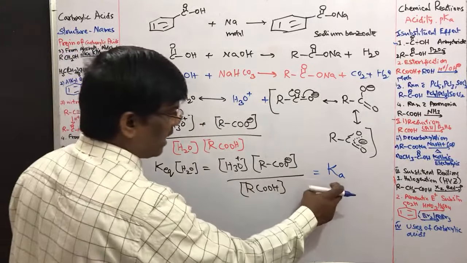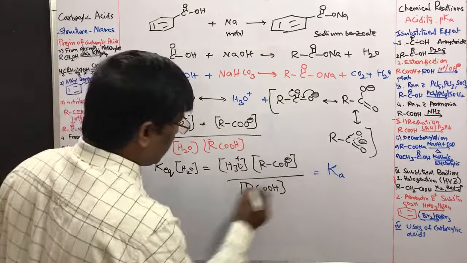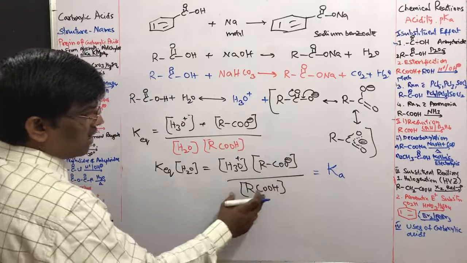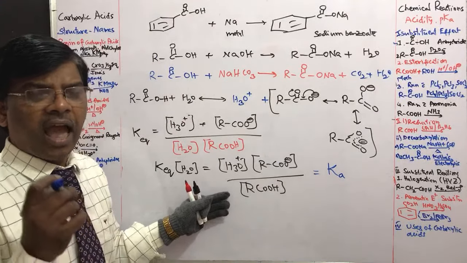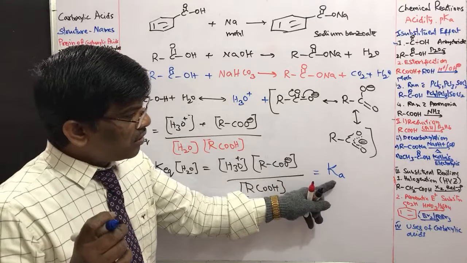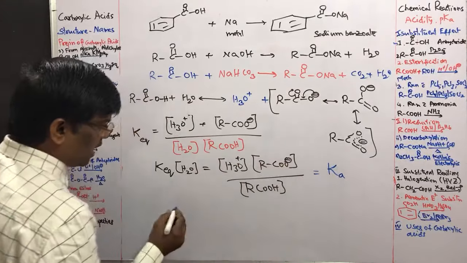Since carboxylic acid is a very weak acid, I can take log values.